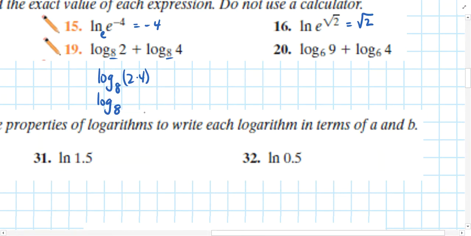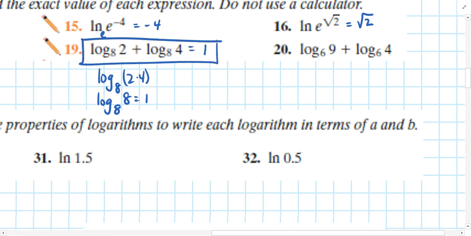And so while we didn't know what log base 8 of 2 was, and we didn't know what log base 8 of 4 was, and to be honest, those are going to be some strange decimals most likely, what we do know is that the sum of those two is equal to 1. And we got that by using our log properties.